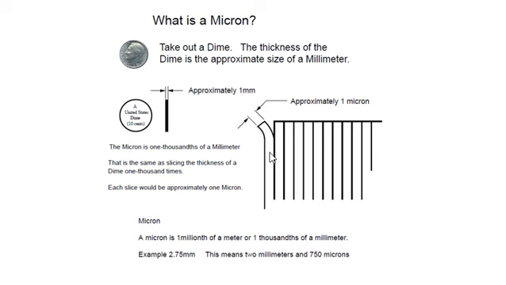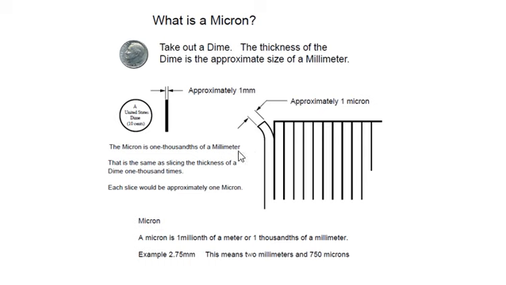The micron is 1 by 1,000 of a millimeter. That is kind of like slicing this thickness of a dime into 1,000 pieces, and that is a micron. So each slice will be approximately 1 micron.